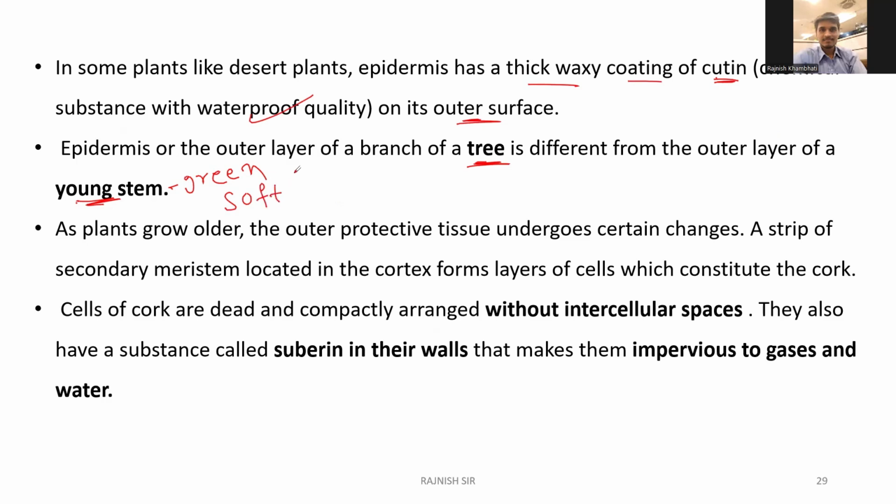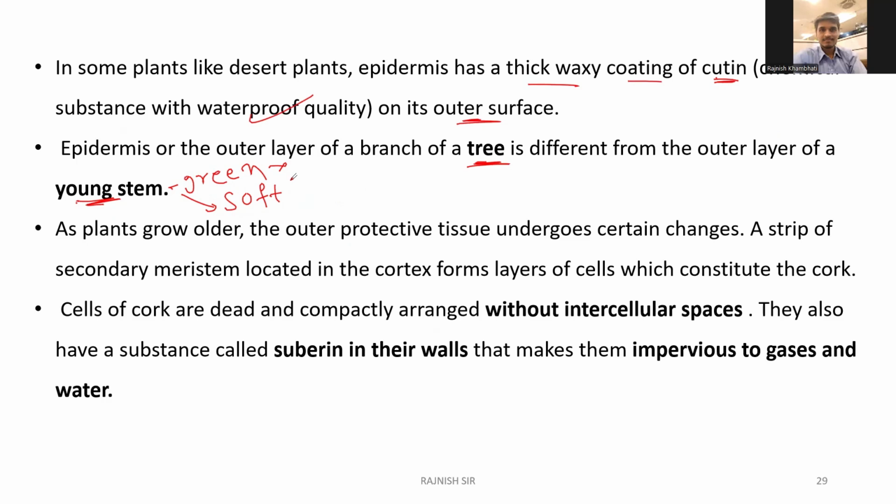If you try to catch them between your two fingers and give some pressure, you can break them. It is that soft. And they are green in color, so they can do photosynthesis. When they are green and soft to touch, they are called young stem.